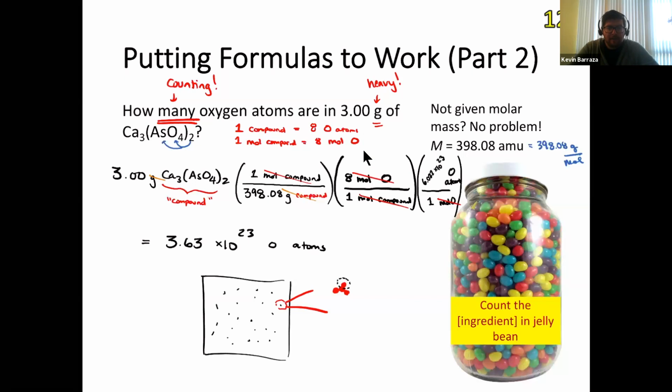So that would require, instead of the second parentheses being what I have here, the second parentheses would be converting 1 mole of compound to individual compounds, and then using 1 compound is 8 atoms of oxygen. What that will do is basically it just reverses the order that you're multiplying these numbers, as well as we have to do minor modifications to the units to make sure they cancel again. But the math itself will come out the same.